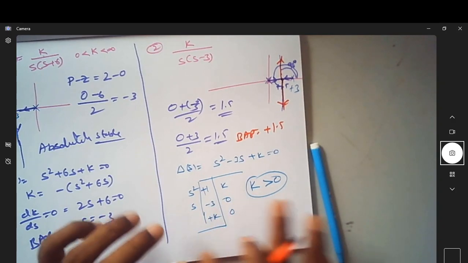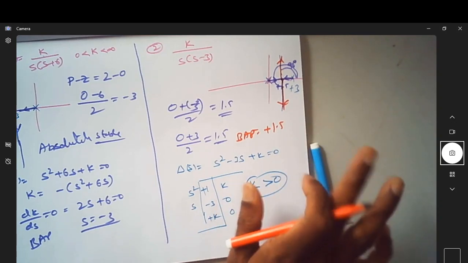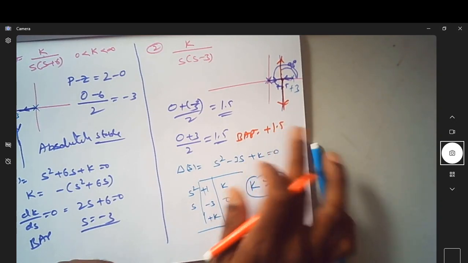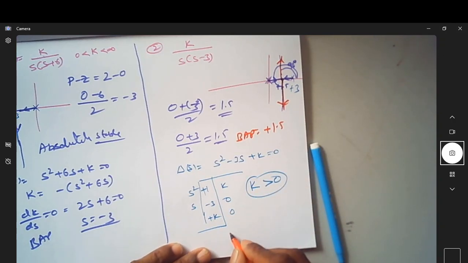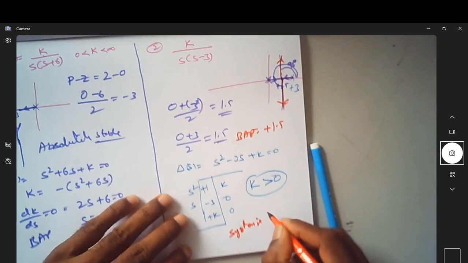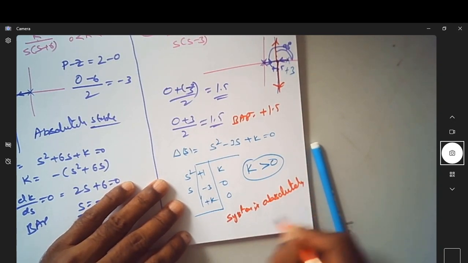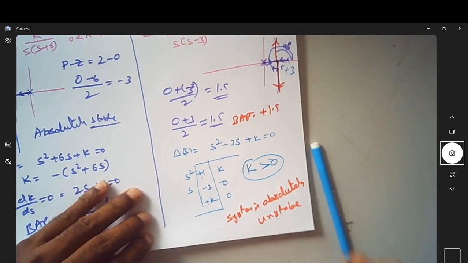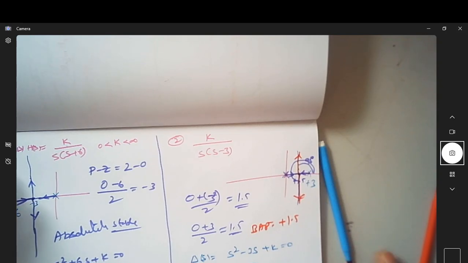There is no need to find an auxiliary equation, because it is not possible here for values of k greater than 0. So the system is absolutely unstable. How many poles are there on the right hand side of the S-plane? Both of them are on the right hand side of the S-plane for values of k greater than 0.